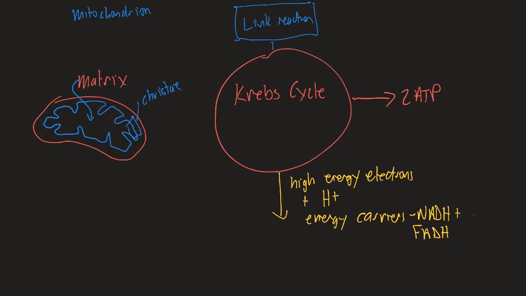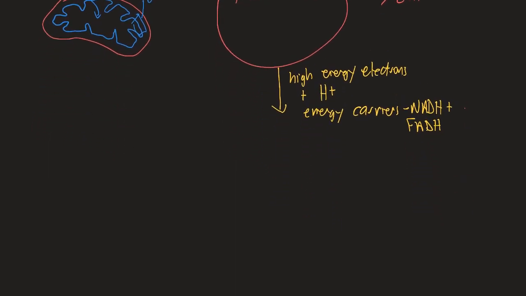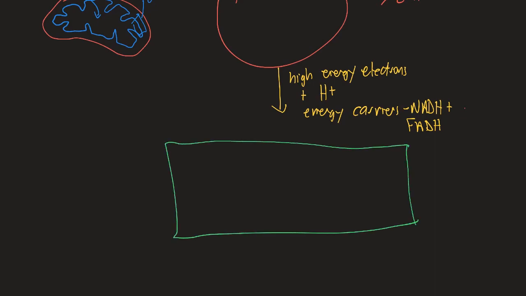And this next part is really what sets aerobic respiration apart from anaerobic respiration, because this is where we produce most of the ATP. It's a process called the electron transport chain. These high energy electrons are transported through a chain of steps, and it's through that process that releases all of that ATP.